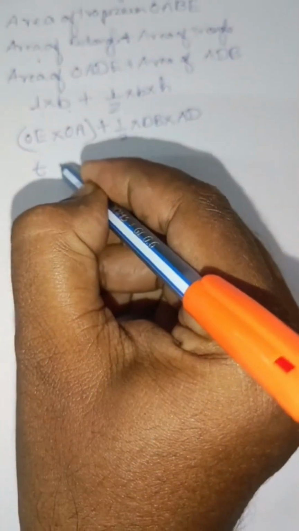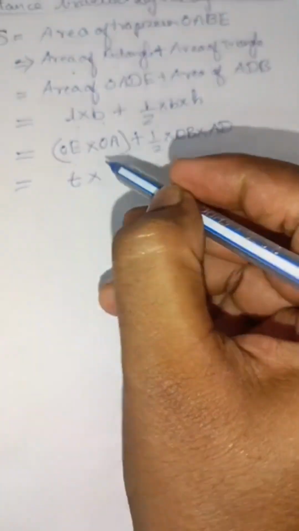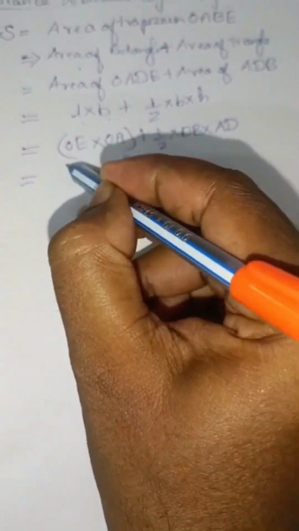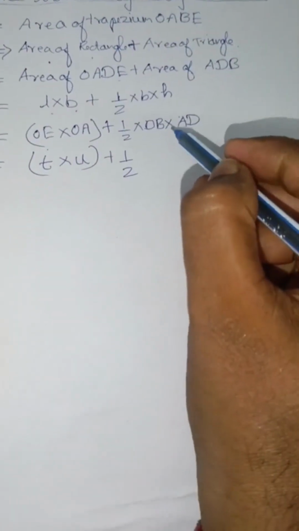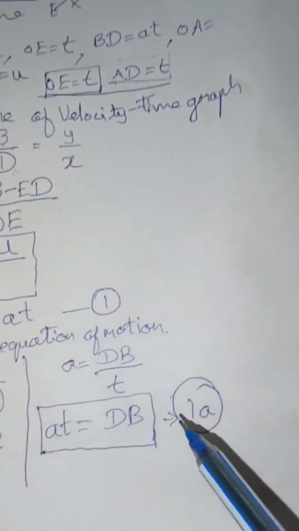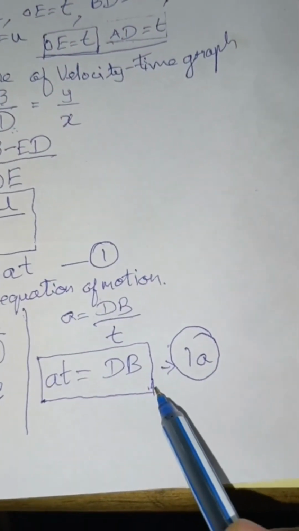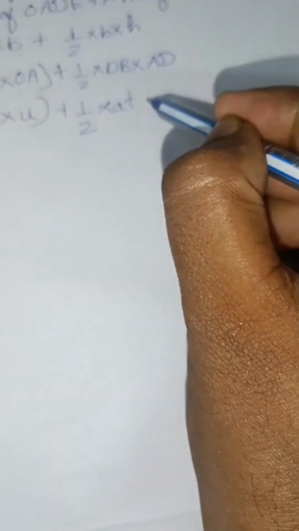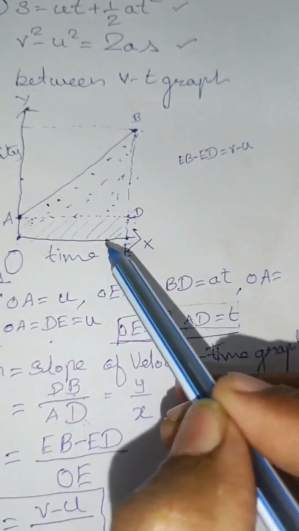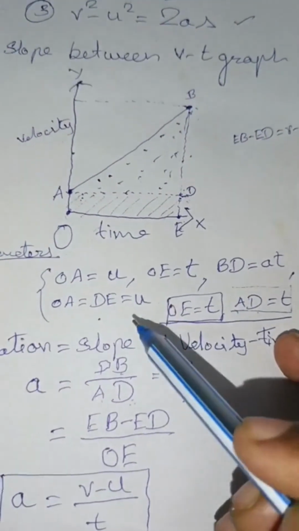Next, what is this OE? OE is considered as T. What is this OA? It is considered as U. Next, half times of what is this DB? DB is already calculated, sir. DB is equal to AT. And what is this AD called?